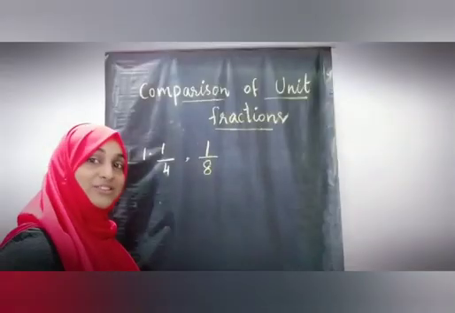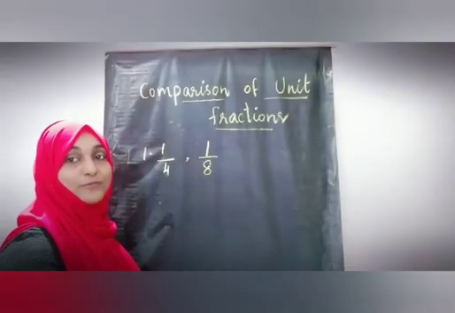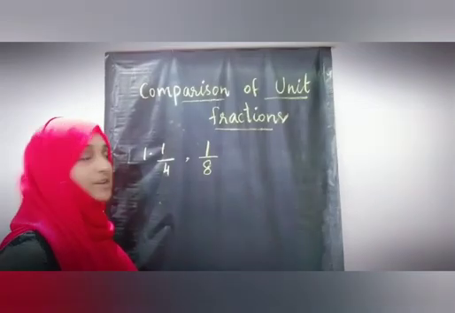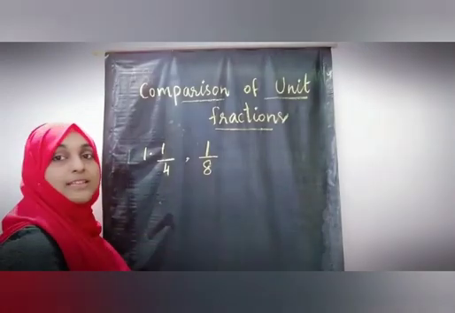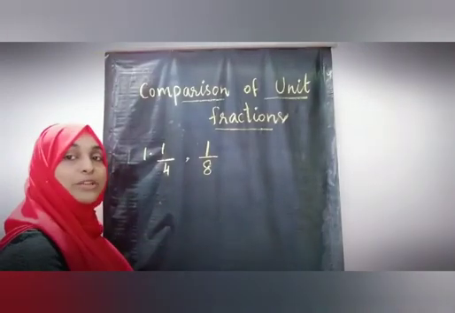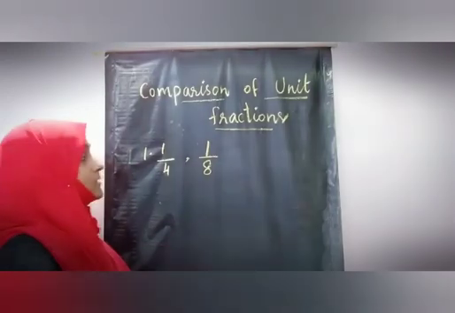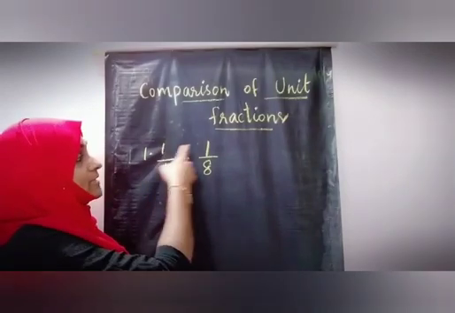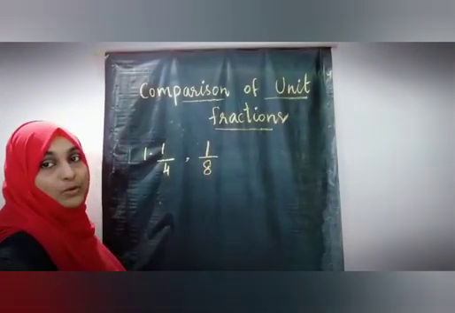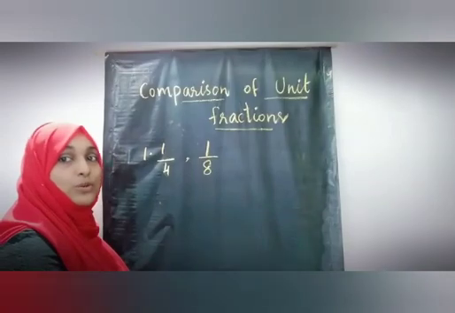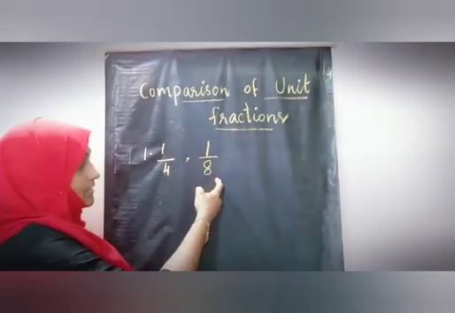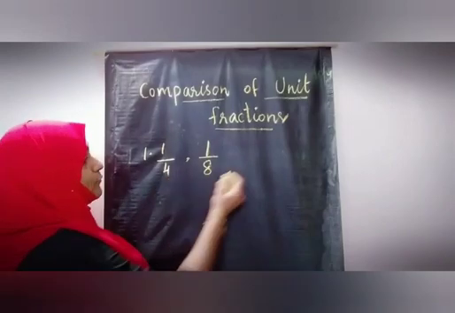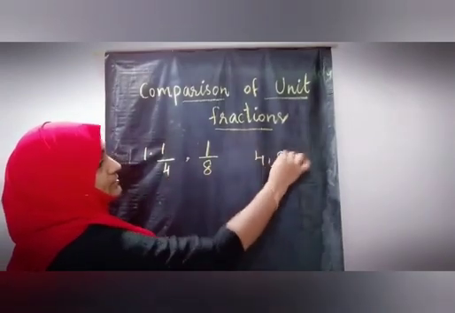Clear? Next topic is comparison of unit fractions. Example, 1 by 4 and 1 by 8. These two fractions are unit fractions because their numerators are 1. In the case of unit fractions, we consider their denominators. Here the denominators are 4 and 8.